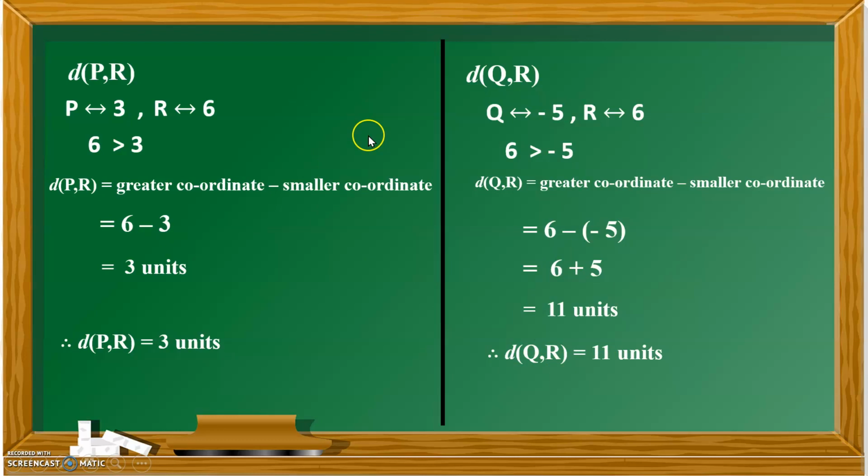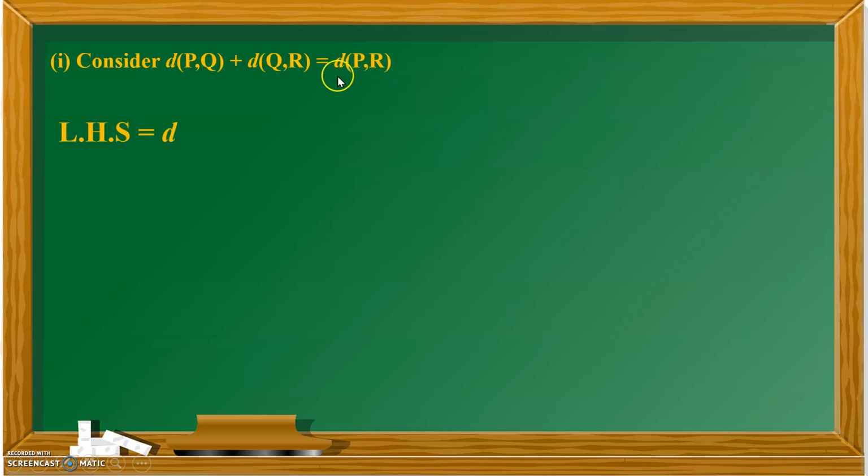Now we have got all the three distances. We are going to substitute. We will consider one statement at a time, and we shall substitute here and check whether the statement is true or false. We will start with the LHS. You cannot substitute directly here. You always have to start with the left hand side. What is there in the left hand side? Distance PQ plus distance QR.